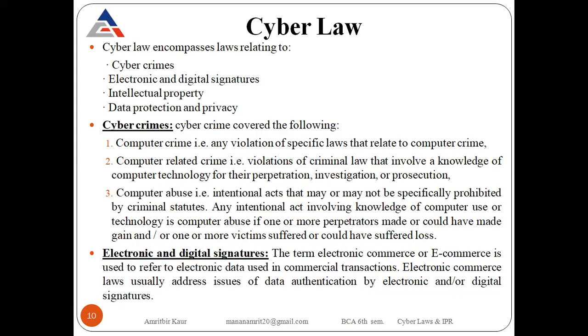If someone kills somebody, then there will be some punishment. The government will punish that person. Like there can be fine, imprisonment as per crime. So similarly in cyber law, there will be punishment as per crime. So these crimes can be cyber crime, electronic digital signature, intellectual property, data protection, privacy.